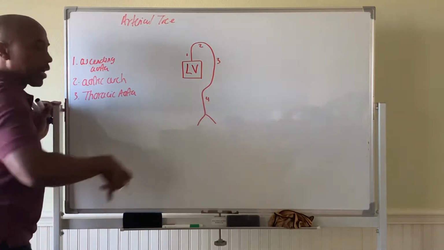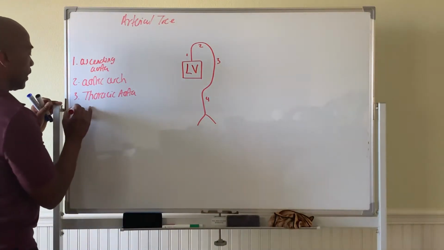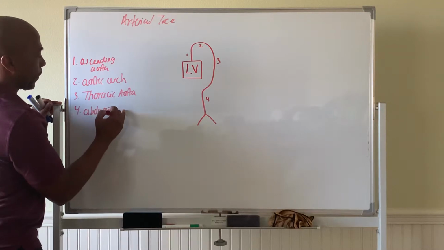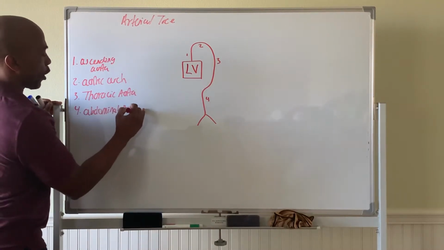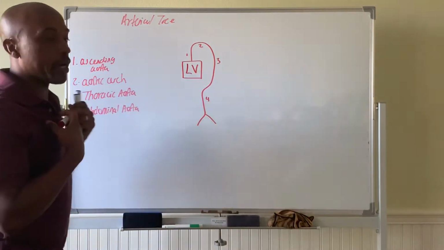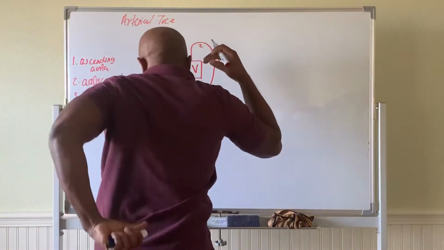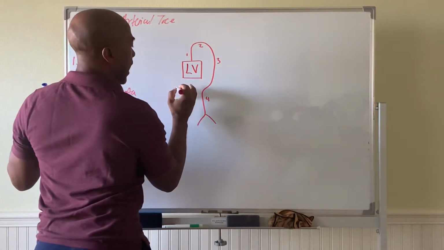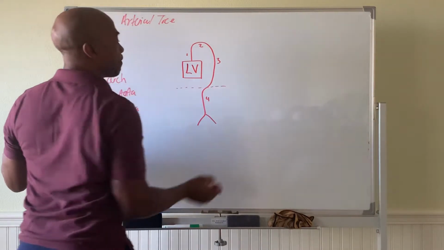And 4 in the abdominal cavity is called the abdominal aorta. So the aorta really travels from your heart around the back down to here, where it stops at the level of the hip. So let's make this dash your diaphragm there, okay?